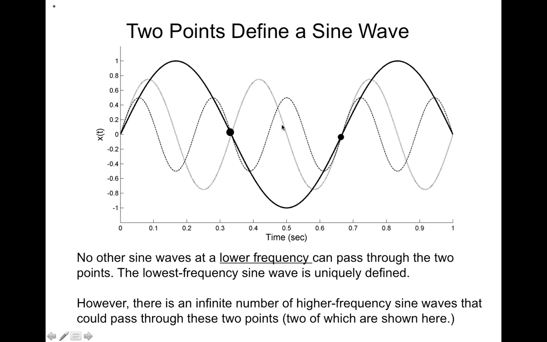So the problem is, if you sample at a low frequency and you have higher frequency sine waves present in your signal, you don't know whether it's this one or this one. When you filter or when you sample, you can get random higher frequency components that are introduced in an unusual way because you didn't sample at a high enough rate.